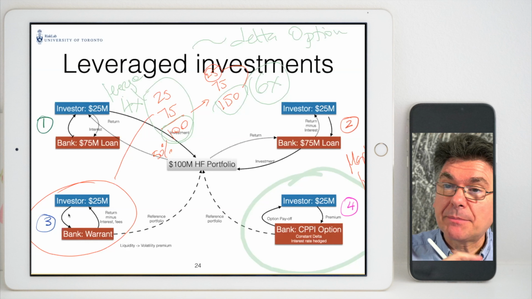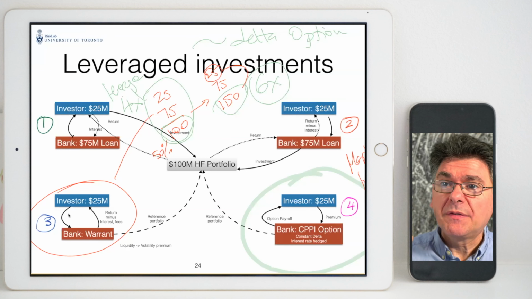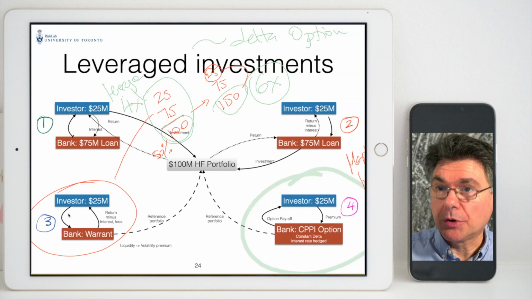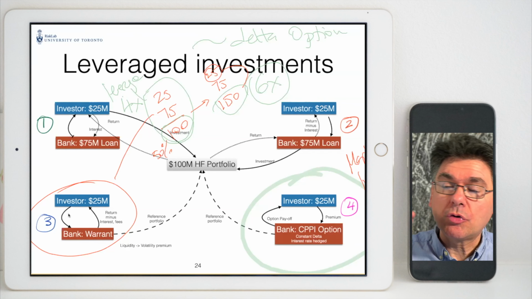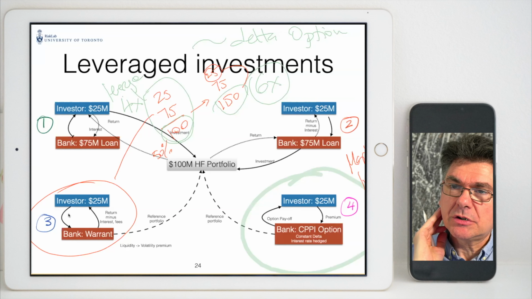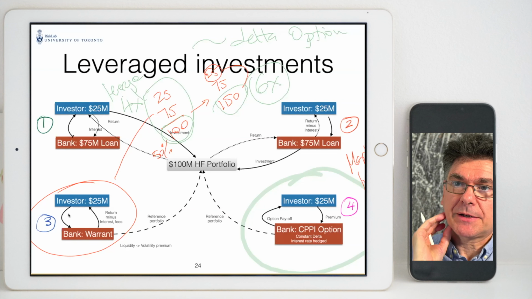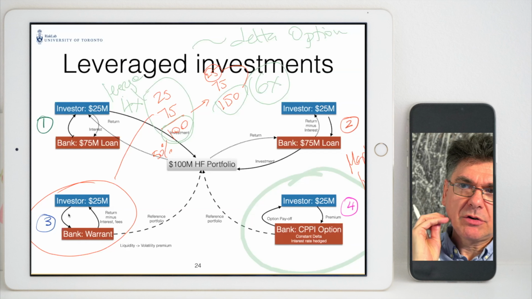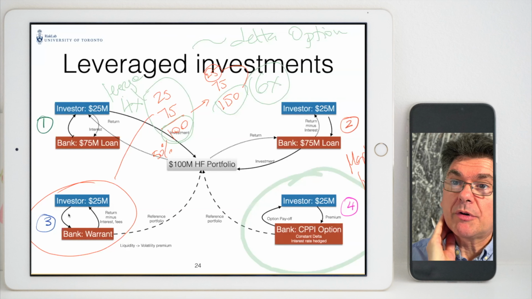But for the bank, this is the best because the delta is constant, the leverage is constant, and therefore they don't have to trade in and out. They don't have to hedge that portfolio, which they use to hedge their obligations to you. So it's very good for the investor, and it's even better for the bank. I don't know if this is clear. These are 4 ways of borrowing money which are different for the investor and for the bank.